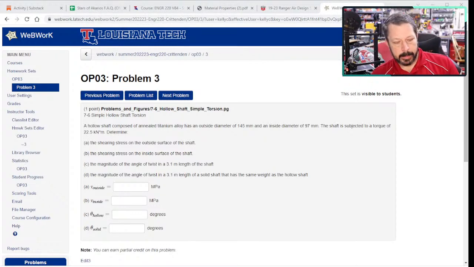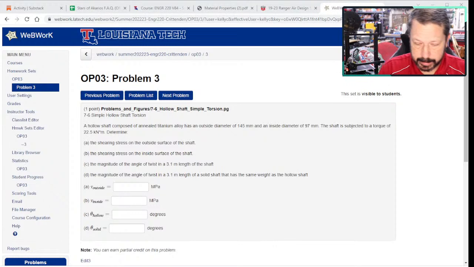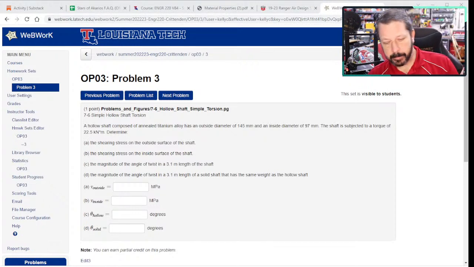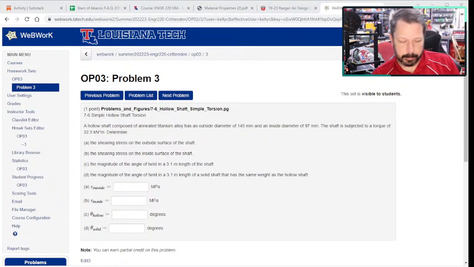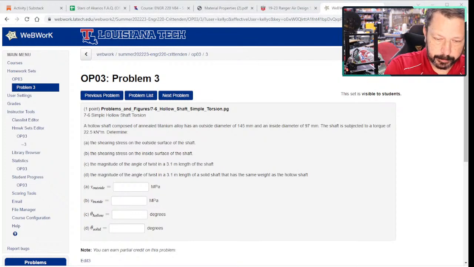Okay. And let's just do the first one. The first two are actually talking about stuff we did last time. So torsional shear stress. That equation: tau equals T times rho over J. So the torque, if we want to do this completely thoroughly, then we could come here, cut the shaft open in the center of this section, and figure out that the internal torque is also 22.5 kilonewton meters, and go from there.